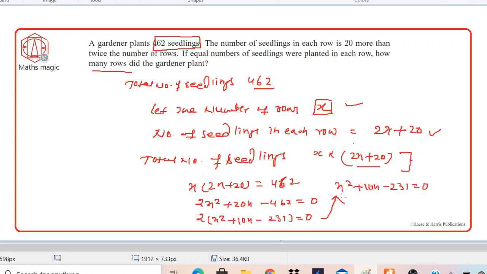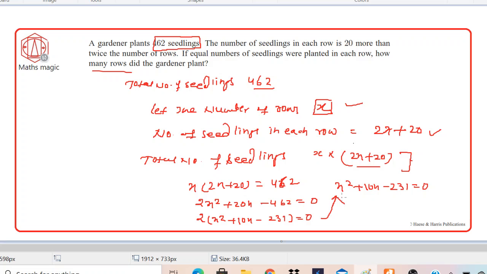I'll just recap whatever we have covered so far. We have the total number of seedlings given in the question. Now we are supposed to find the number of rows, which is unknown, so we have assumed that as x.